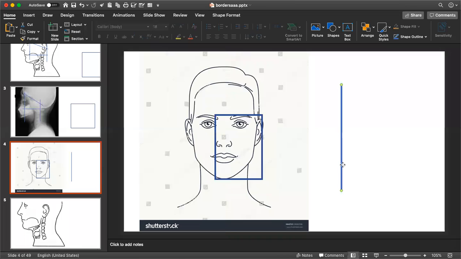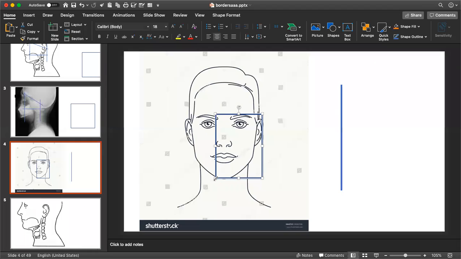So your superior border would be above the crista galli to encompass the ethmoids. Now coming to the medial border.